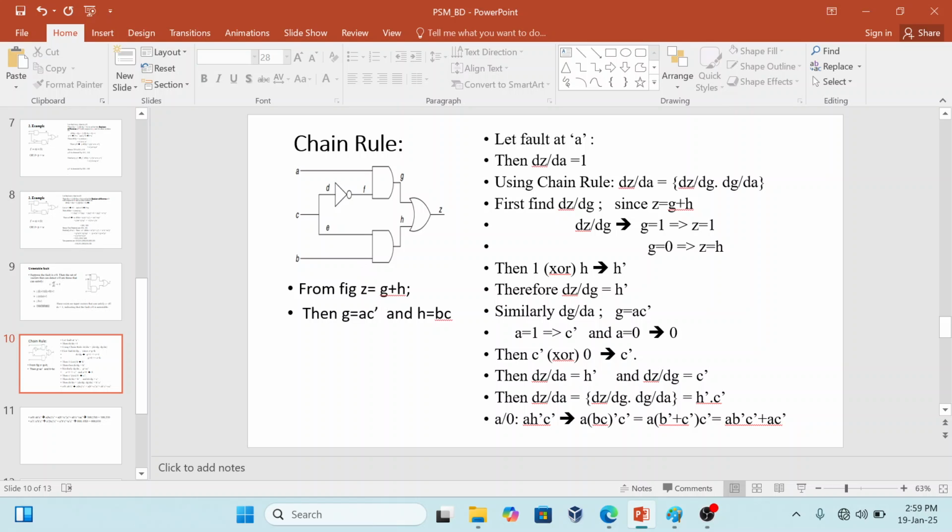So that's why we can make use of something called the chain rule, wherein to find out dz by dA, first I will find out dz by dg. That means g is the intermediate node between a and z. So first I will find out the Boolean difference of dz and dg, and then I will find out dg by dA.